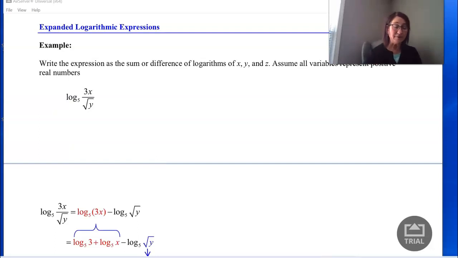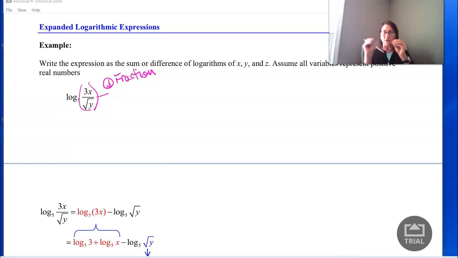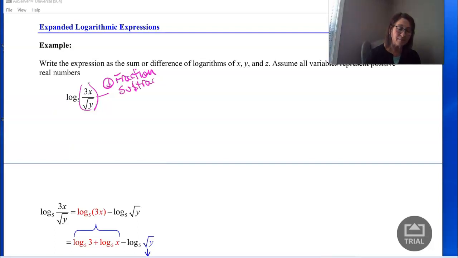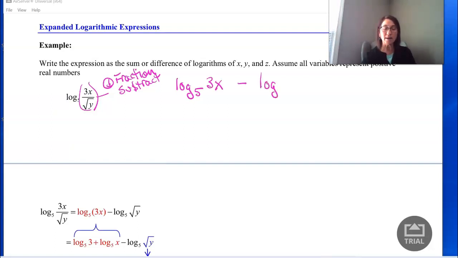A couple of things. First of all, when my argument is a fraction, that means I'm going to create 2 logs and subtract the top minus the bottom. So that is going to be log base 5 of 3x minus log base 5 of the square root of y.